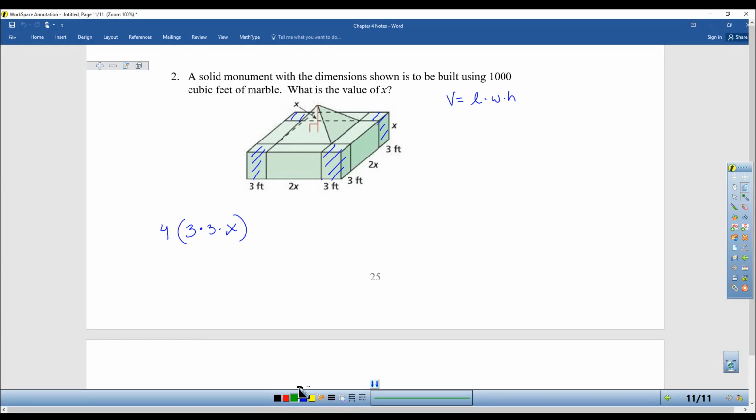And then we have these pieces, and there's going to be 4 of them as well. Their base is going to be 2x with a height of x, and this inner dimension is going to be 3.